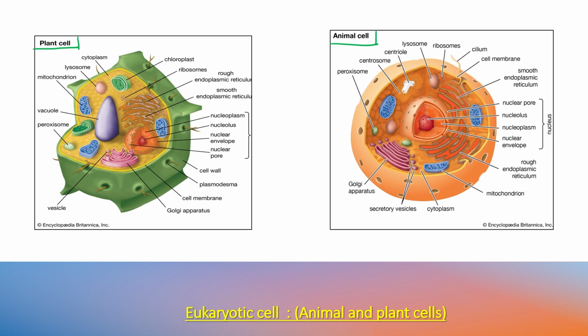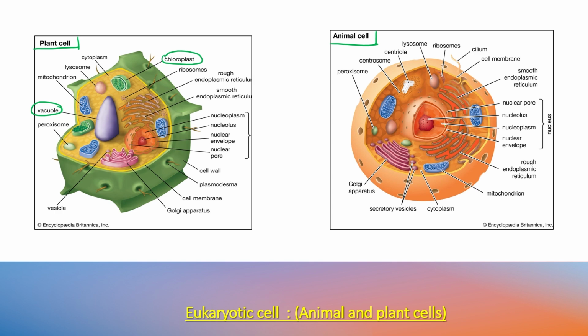If we compare this plant cell with this animal cell, you can see a lot of difference. This is a plant cell, and it is green in color. Why is it green? Because of the presence of chloroplasts. Are chloroplasts present in animal cells? No. This plant cell has a big central vacuole. Is it present in animal cells?